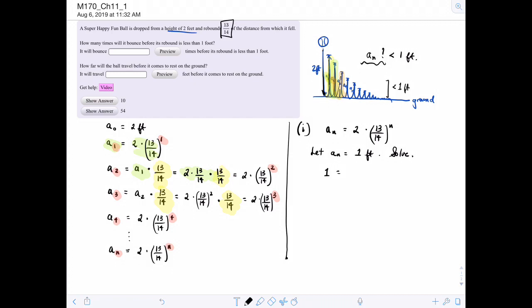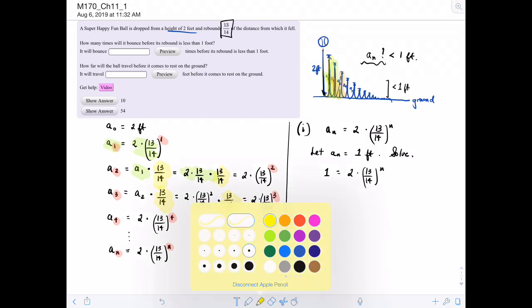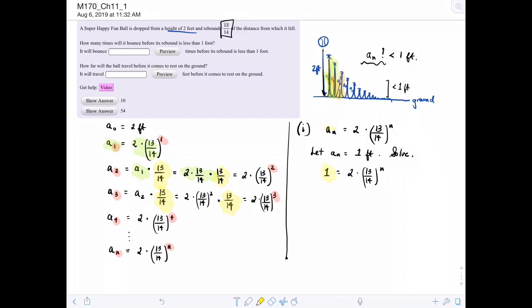So let's solve 1 equal to 2 times 13/14 to the nth power. And you're saying, oh no, there's logs again, I just feel it. And the answer is yes, there is, because n is in the exponent. But we're pros now at this point. That was chapter 4, we're in chapter 11 now. So let's solve.